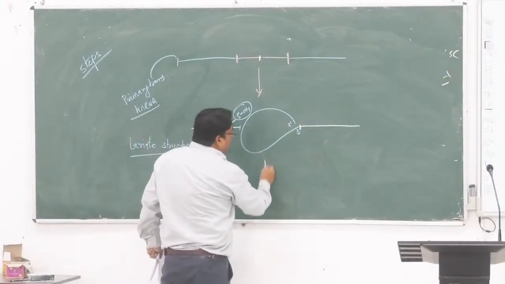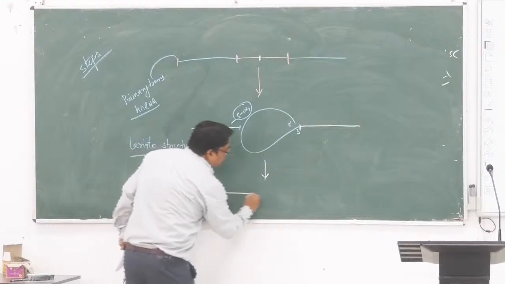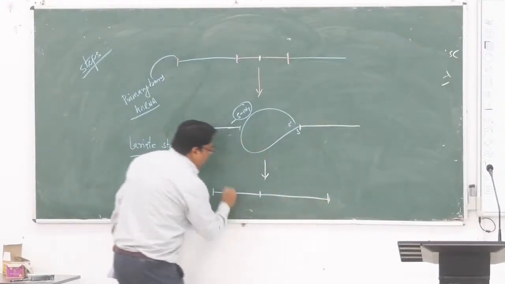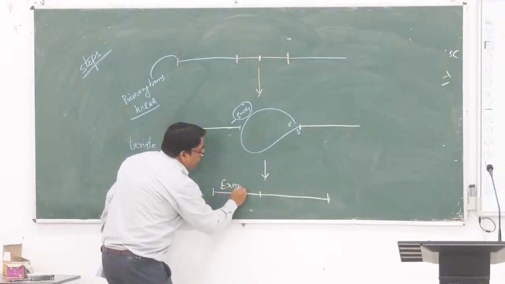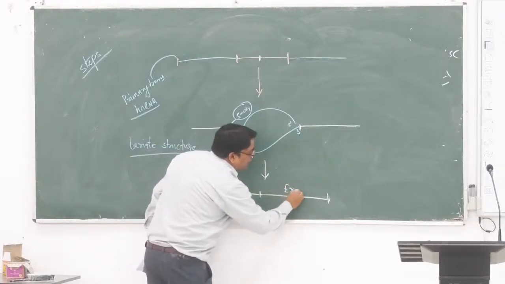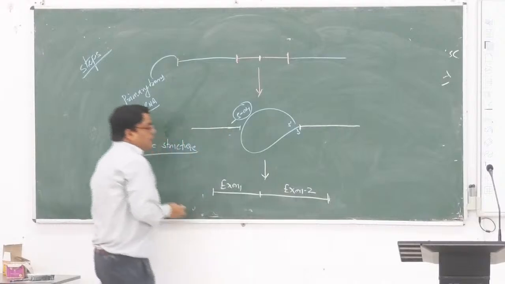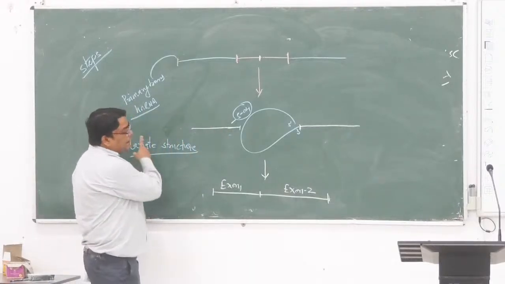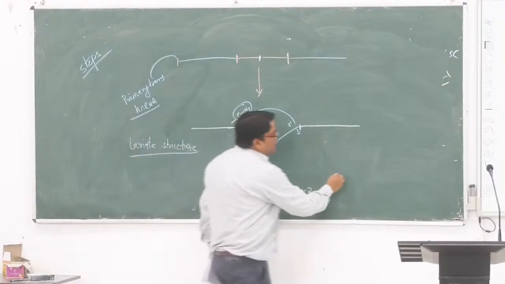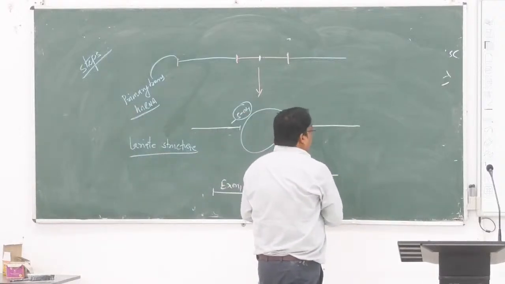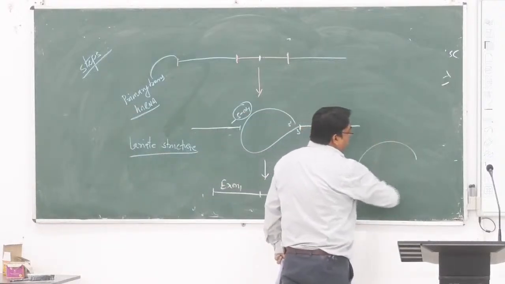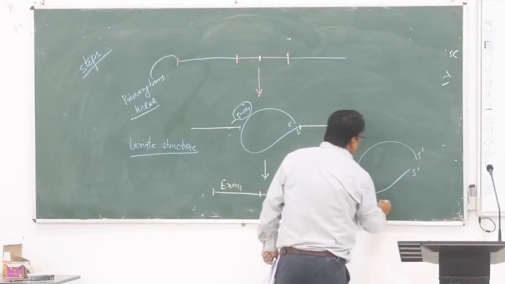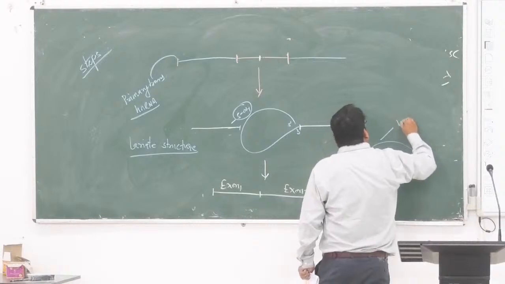Then the lariat is removed and exon 1 and exon 2 are joined together. It is 5' to 3'. The removed part is called the intron.